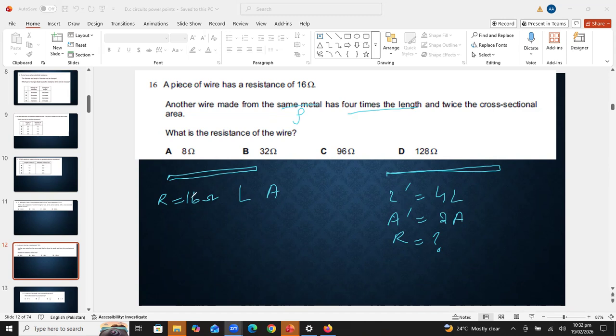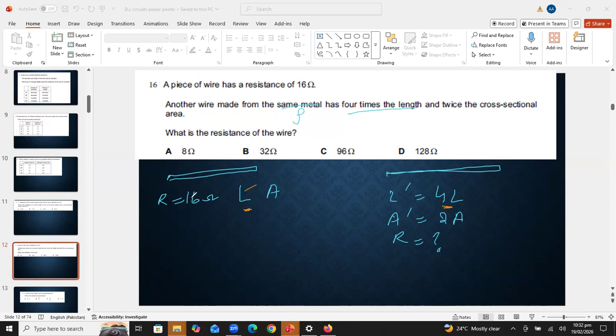Yes students, what answer are we getting here? Look, we can use the direct method here to solve this question. I'm telling you the direct method. As I told you, length and resistance are directly proportional. So here the length is L and here the length has been increased 4 times.